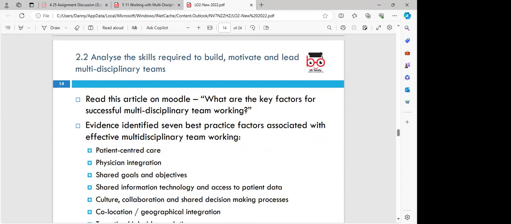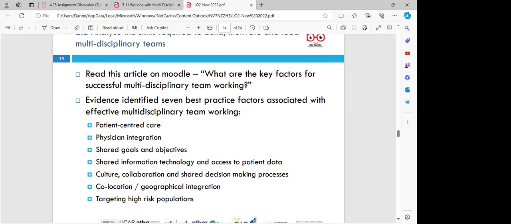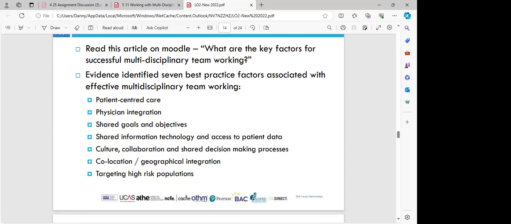2.2, we have to analyze the skills required to build, motivate, and lead multidisciplinary teams. Okay, so let's look at what are the key factors for successful multidisciplinary team working. What are the key factors of success?